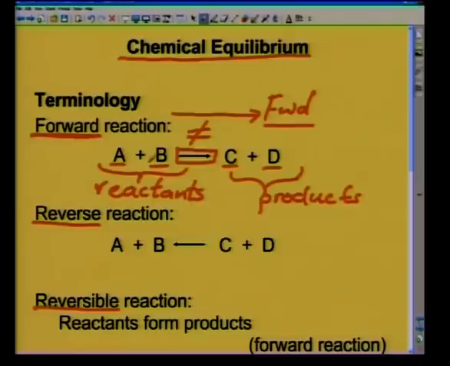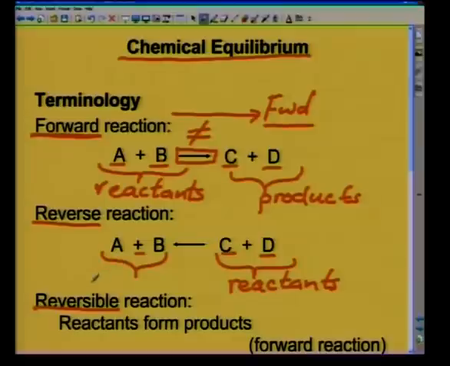But then say instead of A and B reacting to give us C and D, what we see is that C and D, this is the second part, is actually reacting to give us A and B here. Then in this case, these become our reactants, and these ones become our products.